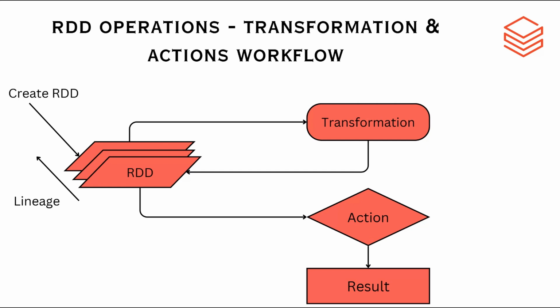This result could be the outcome of transformations or a dataset saved to external storage. So the key idea is that transformations set up the computation and actions trigger the execution of this computation, which finally produces the final result.